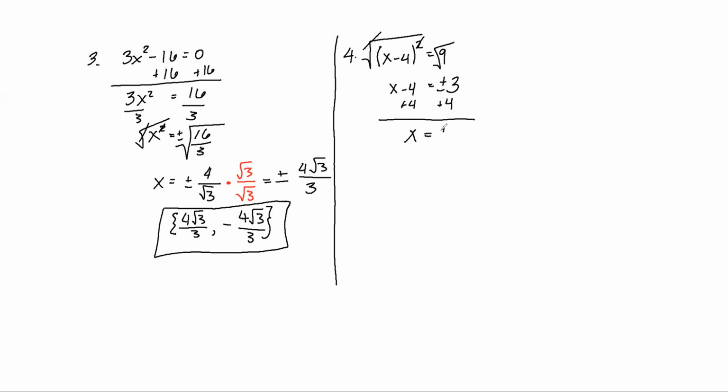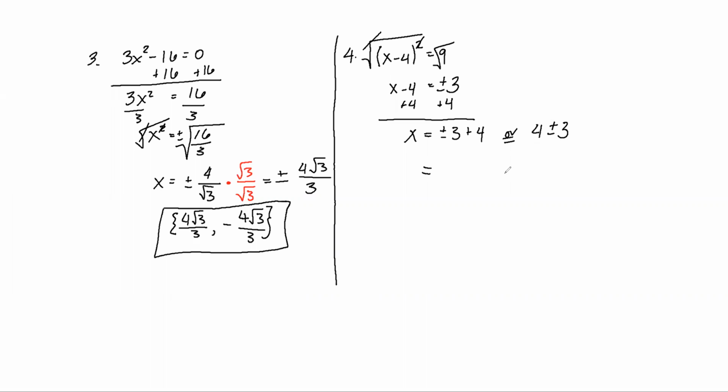We could write this as plus or minus 3 plus 4, or do it the way that I normally do it. Actually, I'll write them next to each other so you can see both. Or you can put the 4 in the front and then plus or minus 3. Now, I like doing it the second way because I think it looks a little bit more self-explanatory for what we're going to do next.